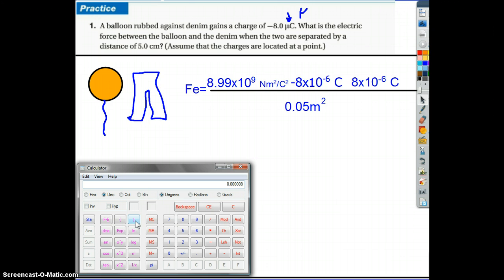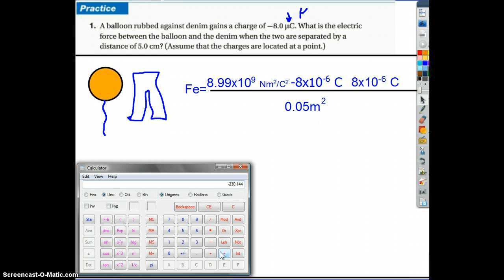I have to be very careful on this calculator, times parenthesis again 8, and then I put my negative in, exponent to the -6th, close my parenthesis, and hit equals. And then I'm going to divide by, and I'd encourage you to use a parenthesis right here, 0.05, hit my squared, close my parenthesis, and hit equals.